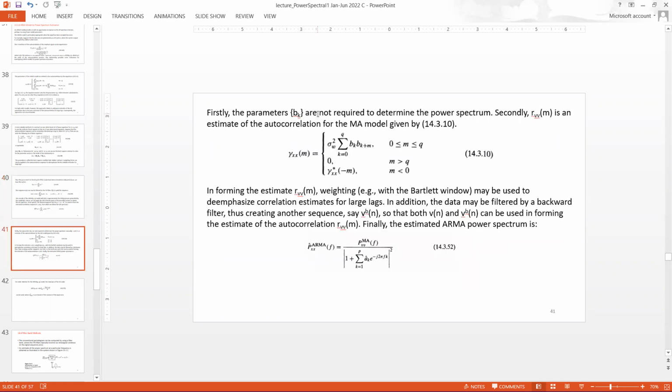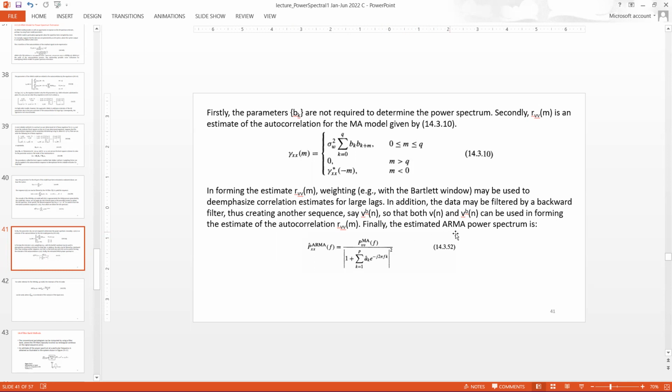And here the parameters আমরা ইউজ করেছি যেটা that can also be estimated by this equation gamma xm, and for three conditions: m within 0 to q, m greater than q, m less than 0. So for three conditions we have to, now so with this we can get this equation.